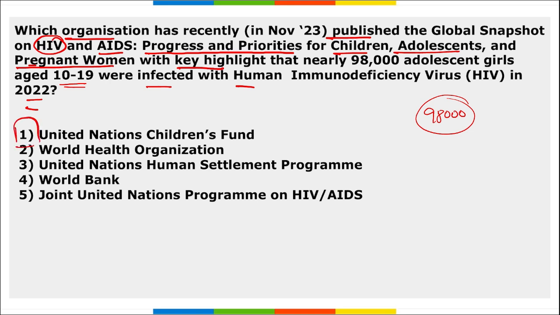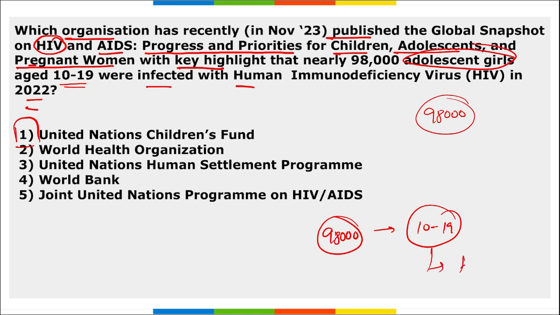Correct? They published this global snapshot on HIV AIDS, and they stated that nearly 98,000 adolescent girls that are aged between 10 to 19 were affected by HIV virus. Right? HIV virus affects your immune system, and HIV stands for human immunodeficiency virus.